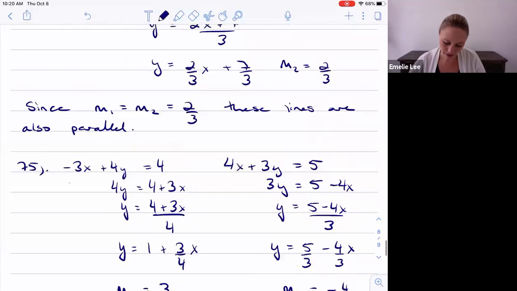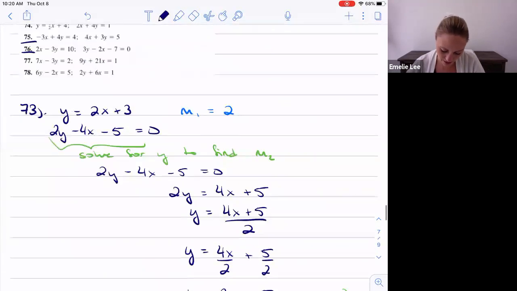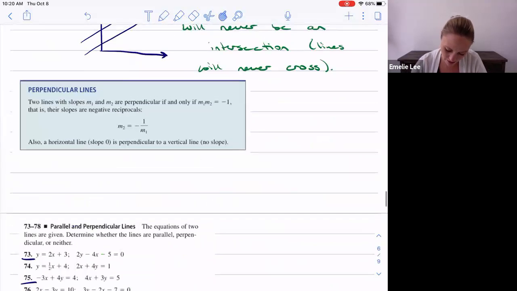So going back to our notes here, you could look at one of these and say, well, it's the negative reciprocal of the other. But I actually find that it's easier if you're able to show that m1 times m2 equals negative 1, then they are perpendicular.